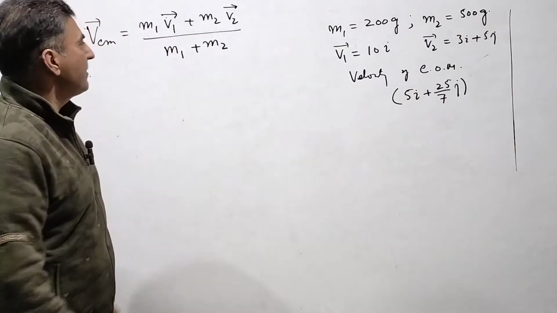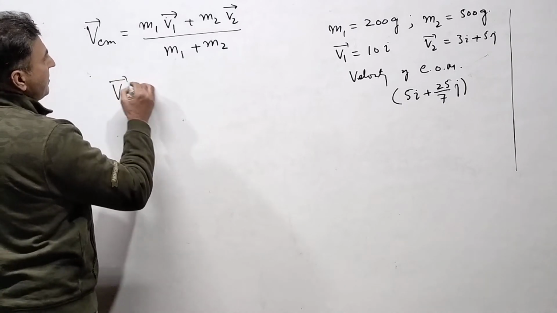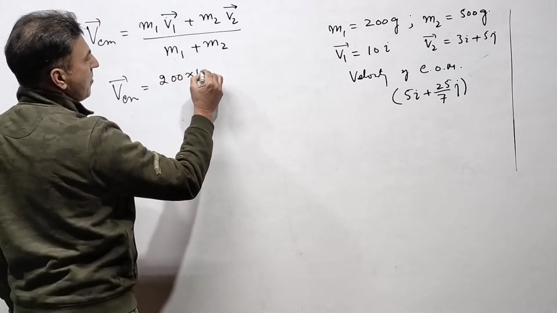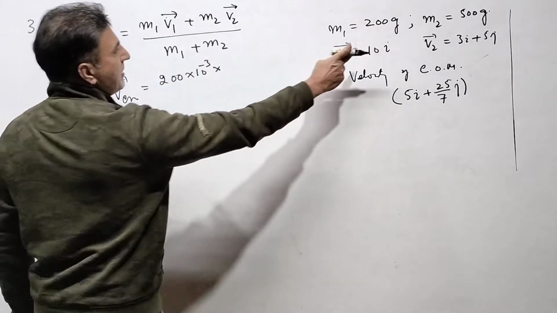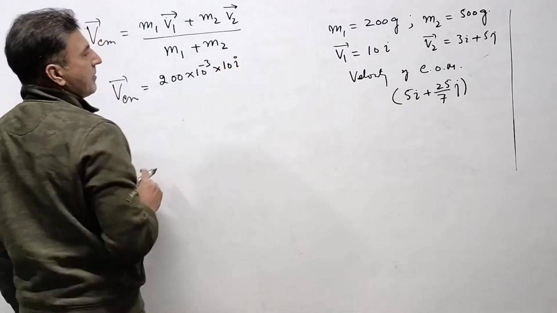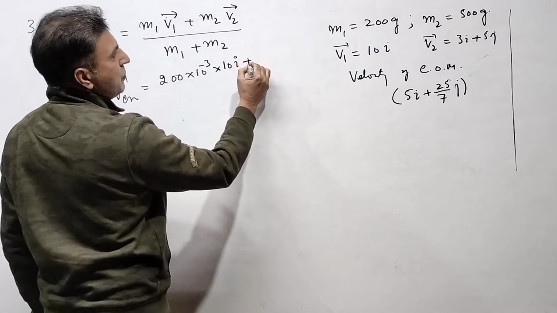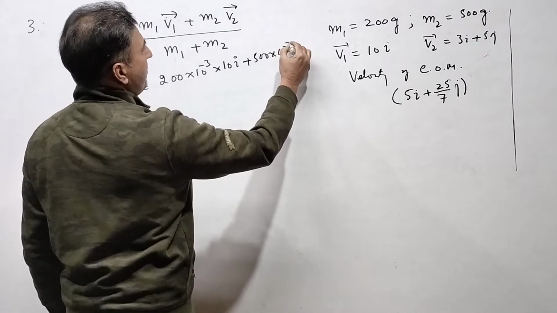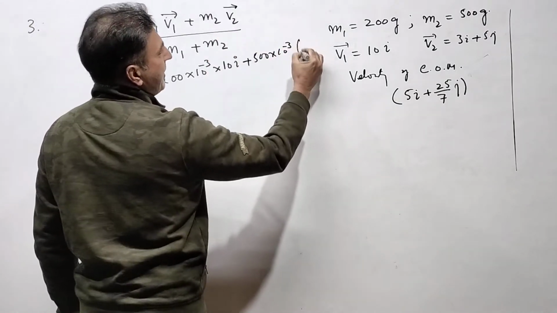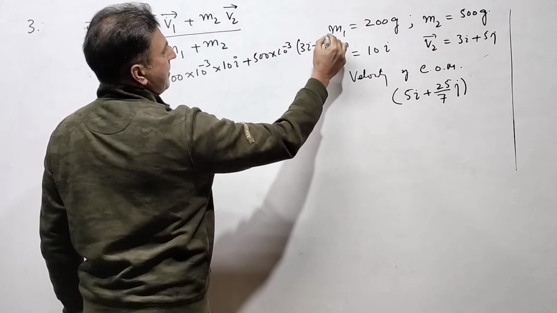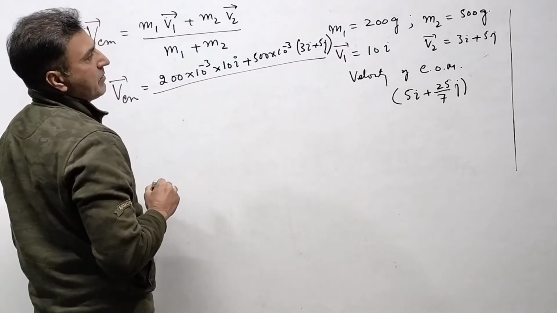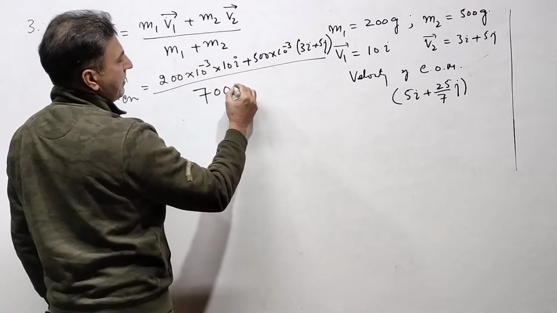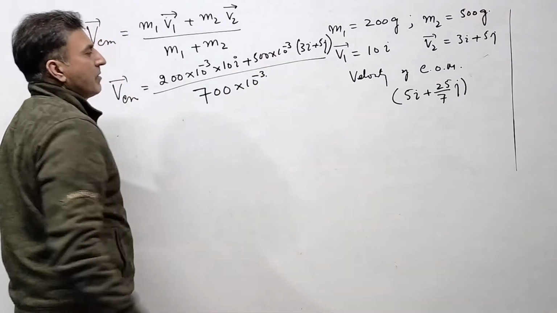So the velocity of the center of mass is equal to, for m1, 200 grams, that is 200 into 10 raised to power minus 3 kg, into its velocity 10i, plus m2, that is 500 into 10 raised to power minus 3 kg, and v2 is 3i plus 5j, whole divided by the sum of the masses, 500 plus 200, that is 700 into 10 raised to power minus 3.